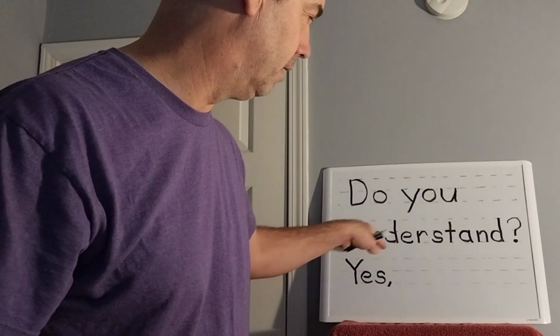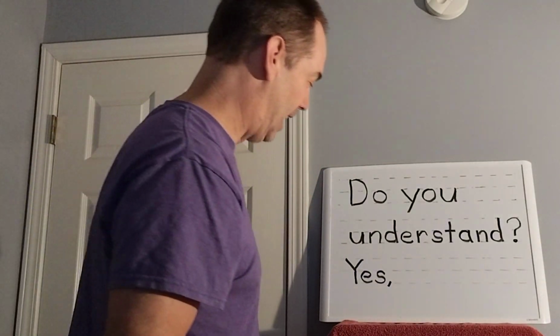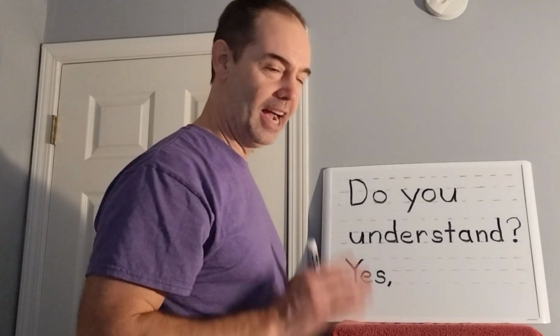There's no comma here. And do you understand? You can see my lips going. Do you understand? It's just straight out. But when I answer and say, "Yes, I do," there's a little pause after the word yes. Yes, I do. We don't say, "Yes I do." Usually we don't. I hope not. We say, "Yes, I do."